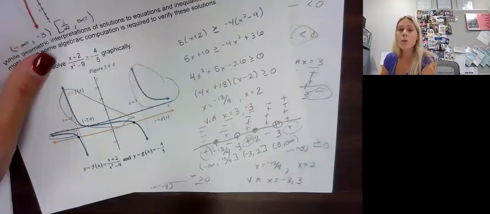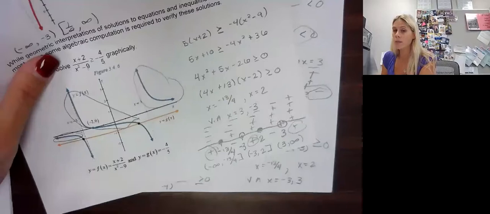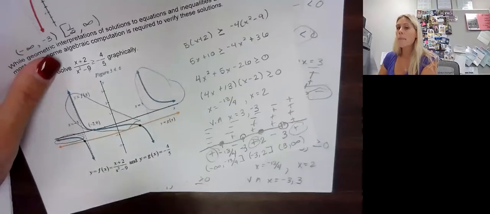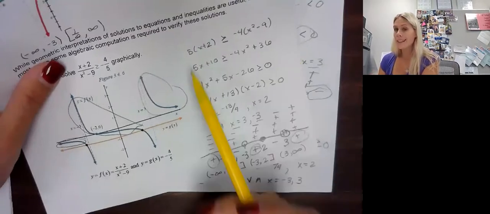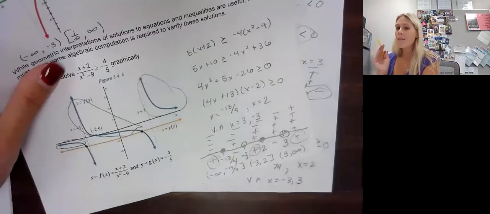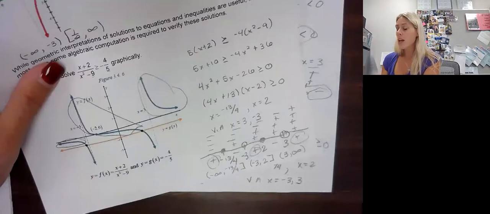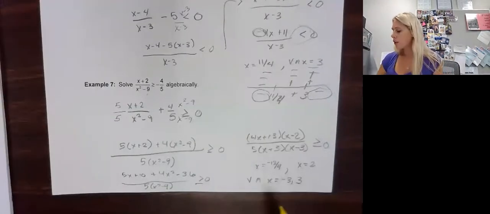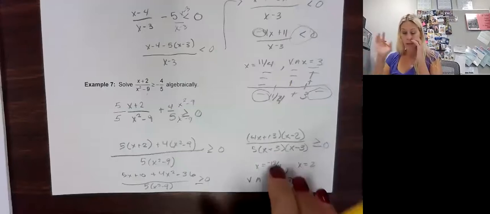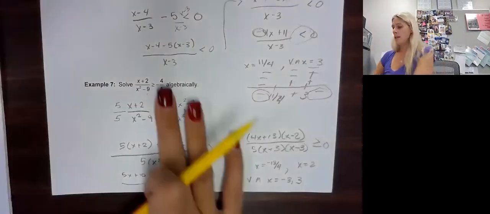So I'm giving you two different ways that you can solve, okay? But just keep in mind that if you solve it like we did at the beginning, you cannot forget those vertical asymptotes. At least if you're keeping it in that fraction and everything, those vertical asymptotes are right in your face.